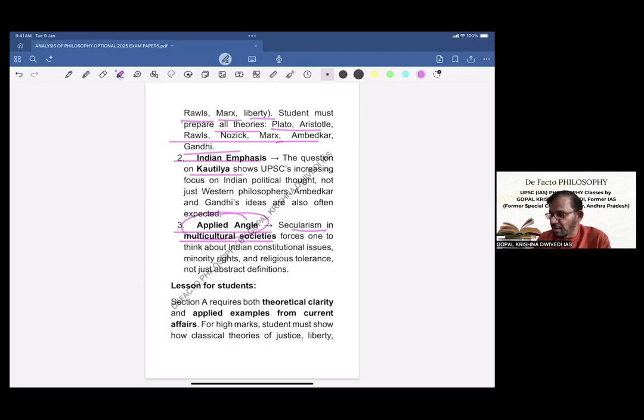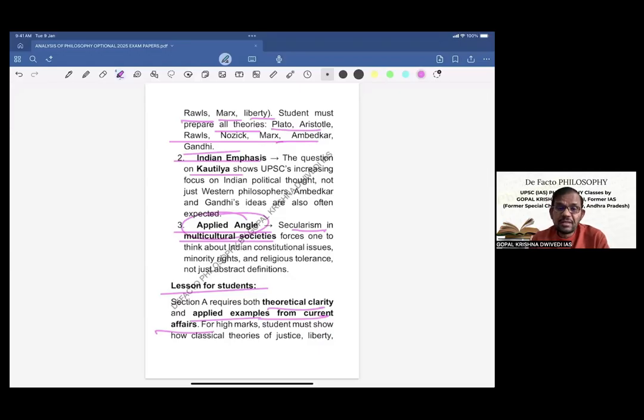So what are the lessons for students as far as section A is concerned? Section A requires both theoretical clarity and applied examples from current affairs. So section A basically is applied. What I am saying is that there is a current affairs flavor in section A of paper 2 of the philosophy optional.